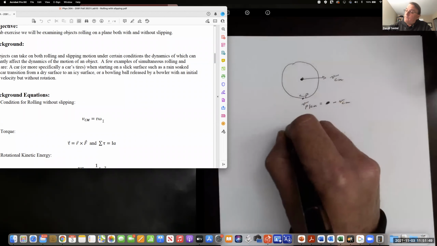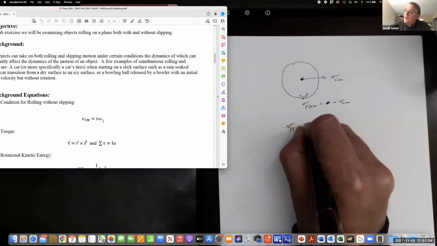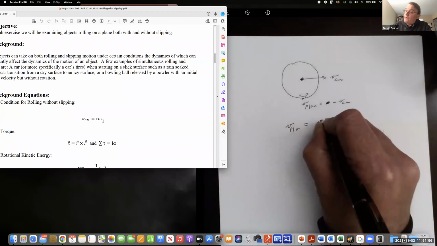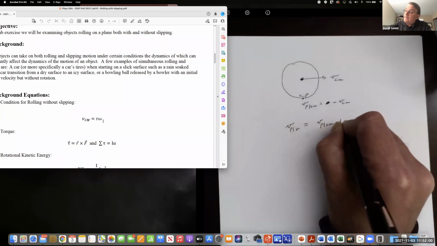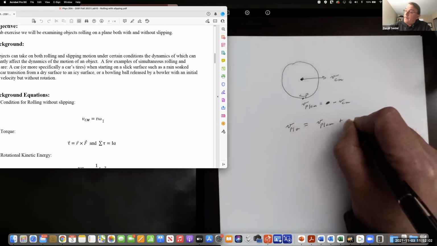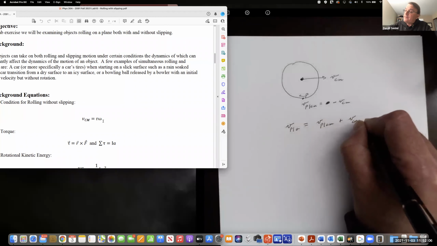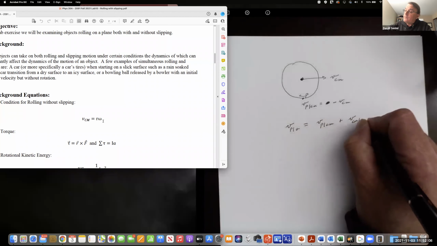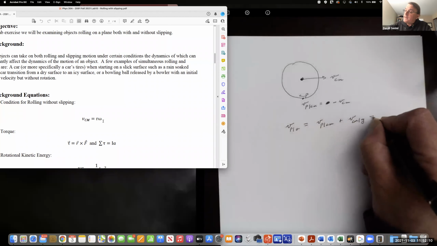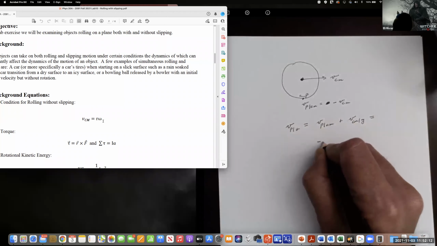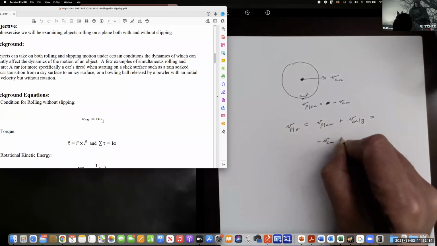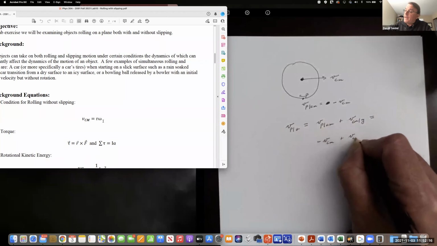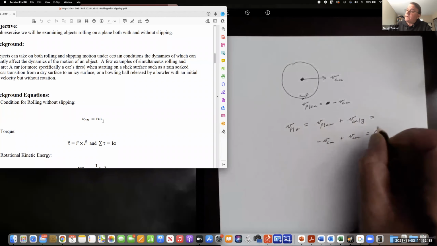And so V of P relative to the ground is equal to V of P relative to the center mass plus V of the center mass relative to the ground, which is equal to minus V center mass plus V center mass, which is equal to 0.